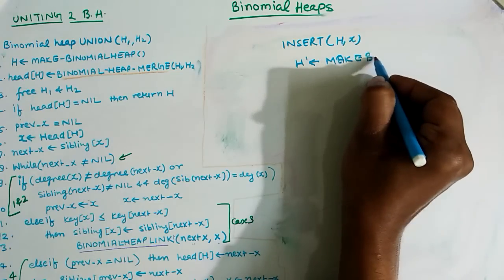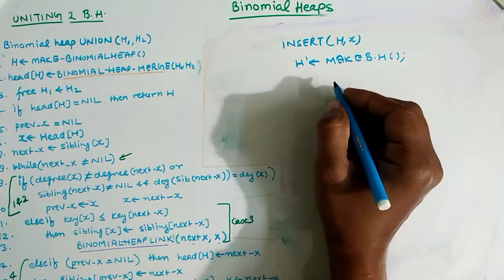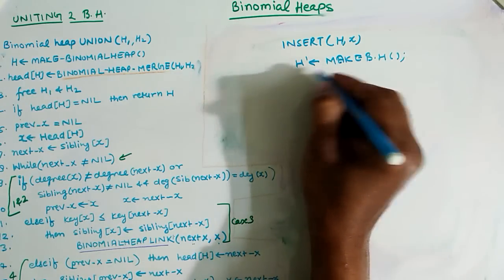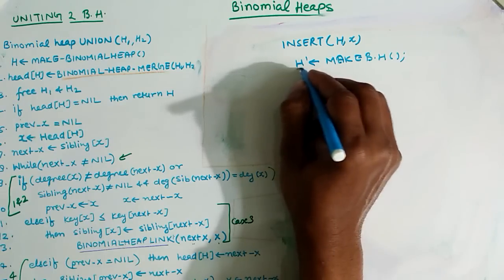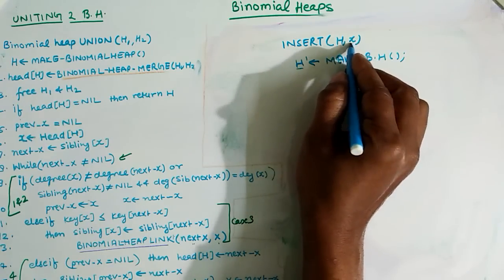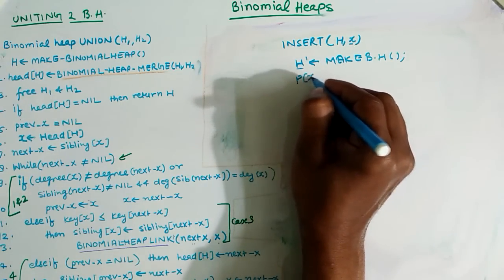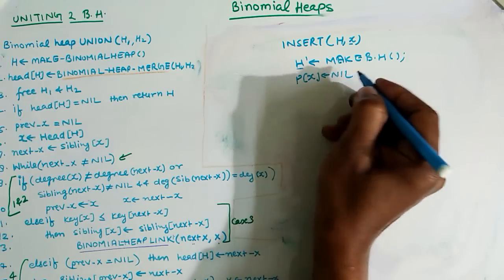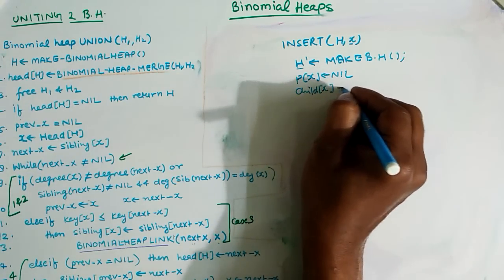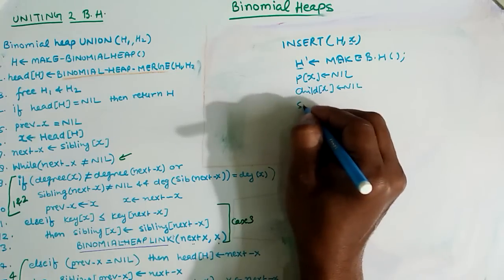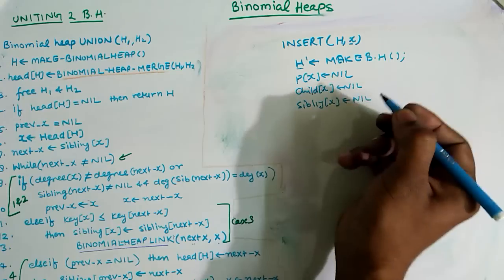Then we update the pointers of the node: parent of x would be nil, child of x would be nil, and sibling of x is also nil, because it is only one node.